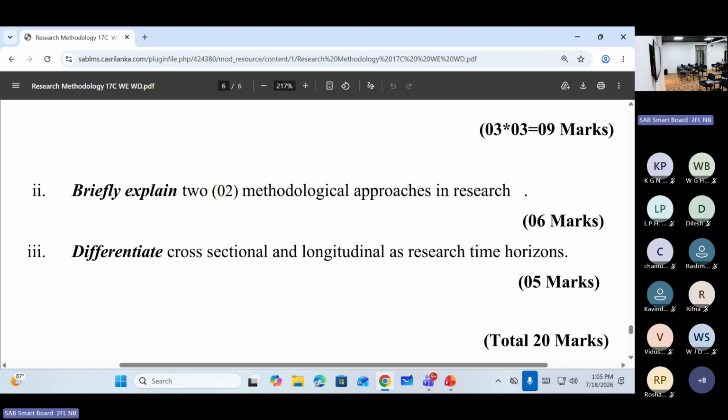Cross section. Not to me, not to the others. Data is collected at one point in time. No, you just tell me in one cross section. It shows the current situation.